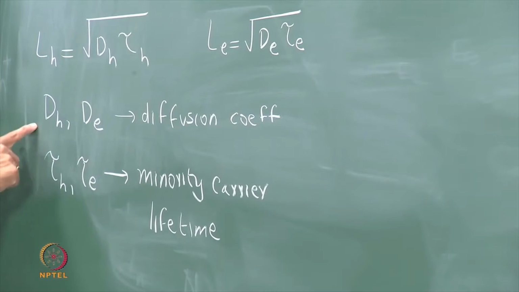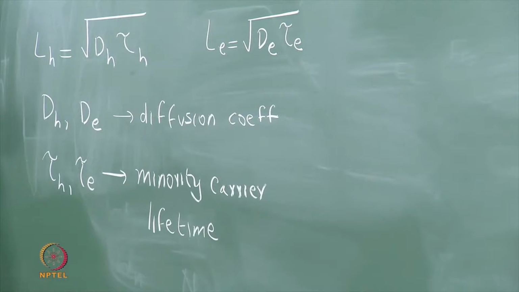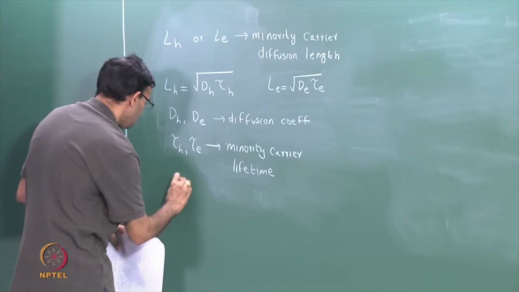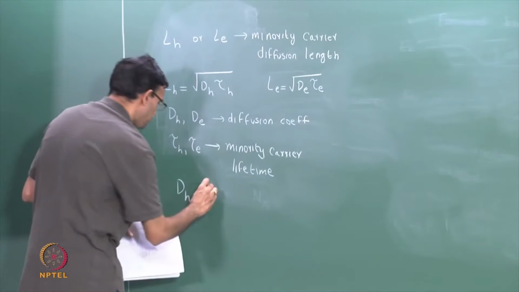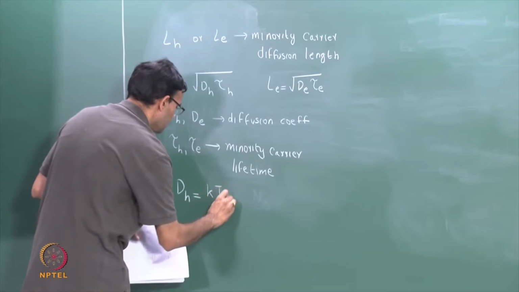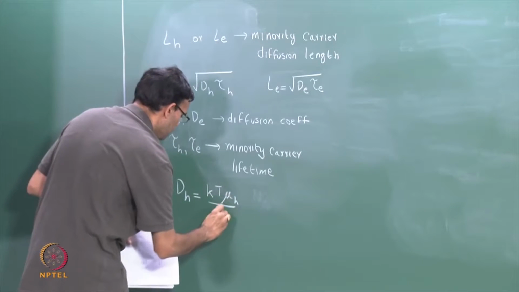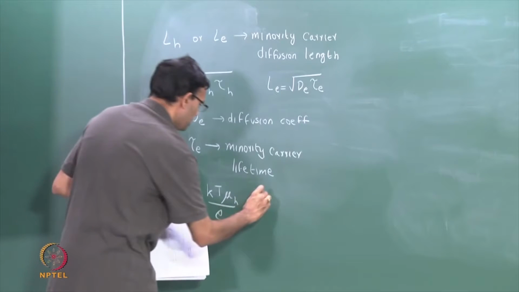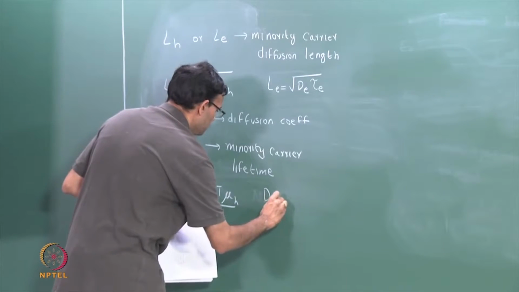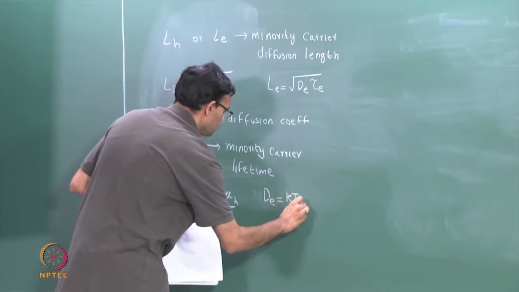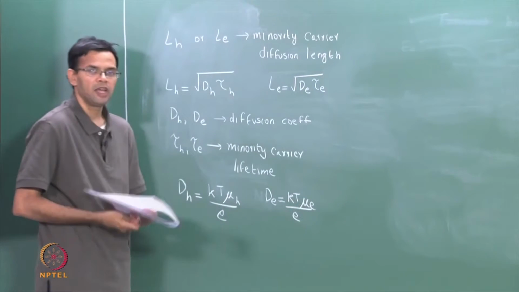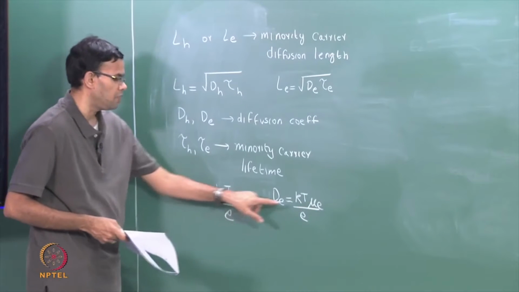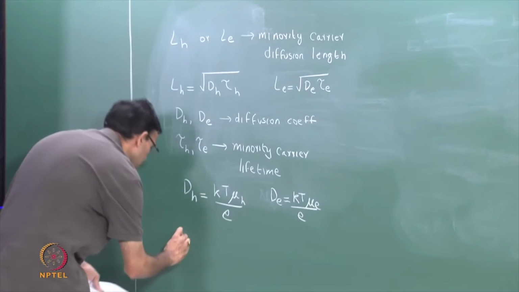So, D_H and D_E are related to the mobilities. So, that D_H is kT mu_h over e, D_E is kT mu_E over e, where we have seen earlier that mu_h and mu_E are the mobilities.